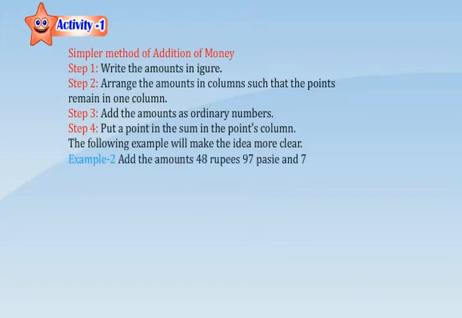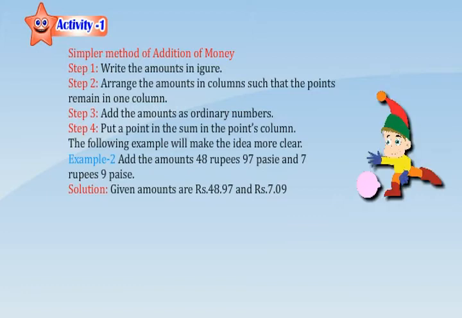Example 2. Add the amounts 48 rupees 97 paise and 7 rupees 9 paise. Solution: given amounts are ₹48.97 and ₹7.09.